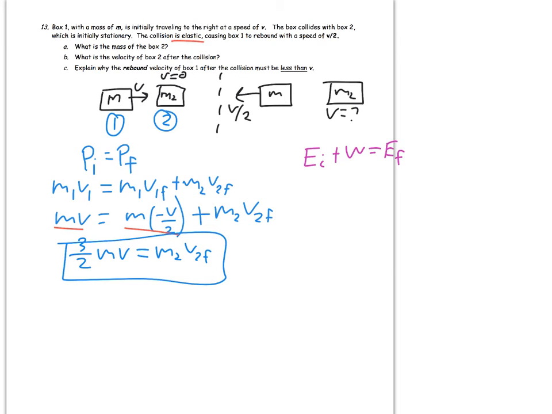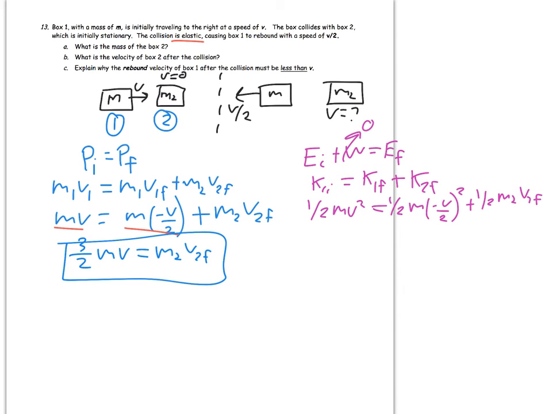The other thing I'm going to do here is set up my energy equation. Initially object 1 has some amount of energy. There is no work being done since the collision is elastic. Afterwards I'm going to have the final kinetic energy of object 1 plus the kinetic energy of object 2. So the initial kinetic energy of 1 is going to be 1/2 mv squared. That's going to be equal to 1/2 m times this negative v over 2 squared, although the negative sign won't matter since we square it, plus the kinetic energy of object 2, which is 1/2 m2 v2f squared.